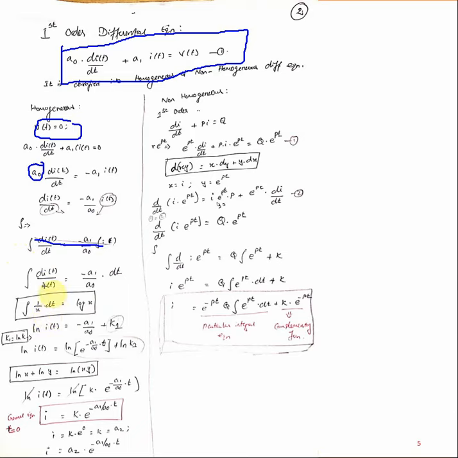So this term is a log of I of t. It is equal to what, on this side? There is only a constant here, minus a1 divided by a naught, a constant only. So minus a1 divided by a naught, plus, since you take the integration, a constant k1. You will write that in these equations.